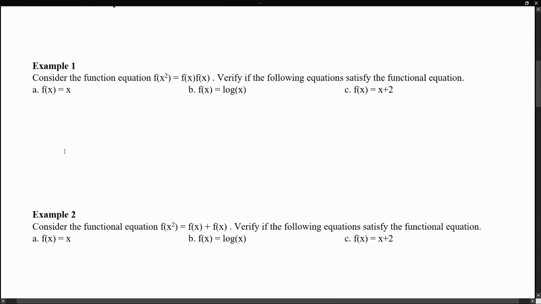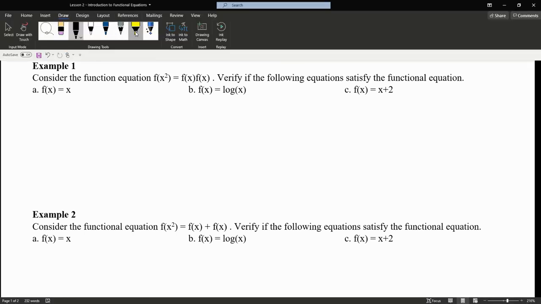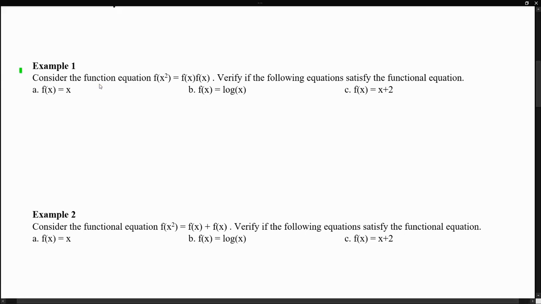Well, let's take a look at a couple more examples here. So let's consider the functional equation. So notice that here we have a functional equation.